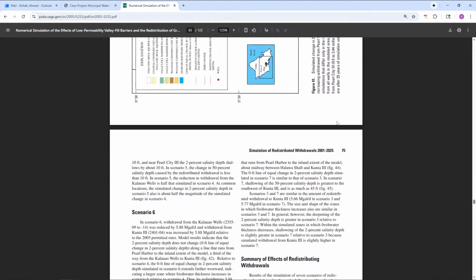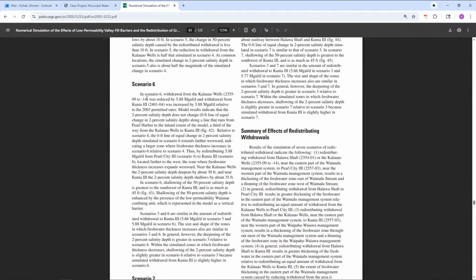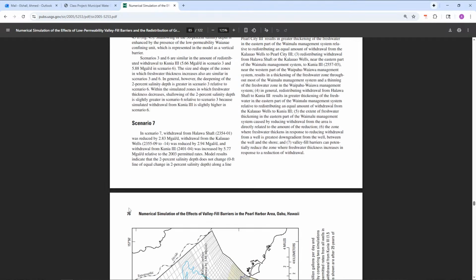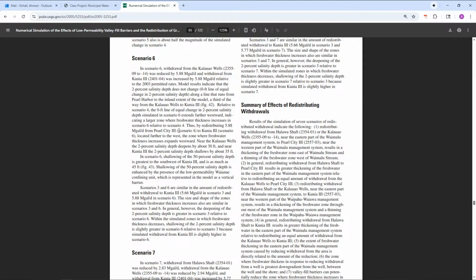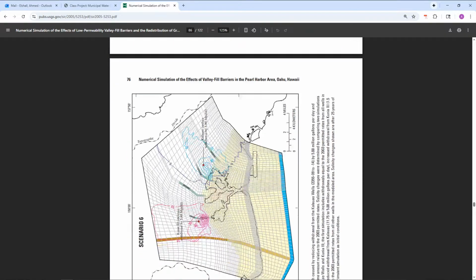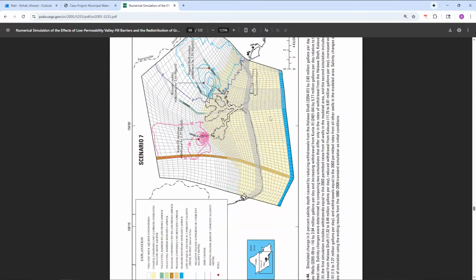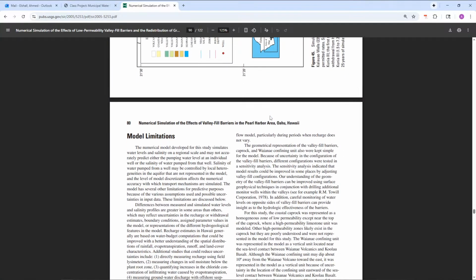So I want to show you here, they tested 6 or 7 scenarios to show what is the best water distribution for this field, how we can redistribute the use of water so that we take advantage of these natural barriers.